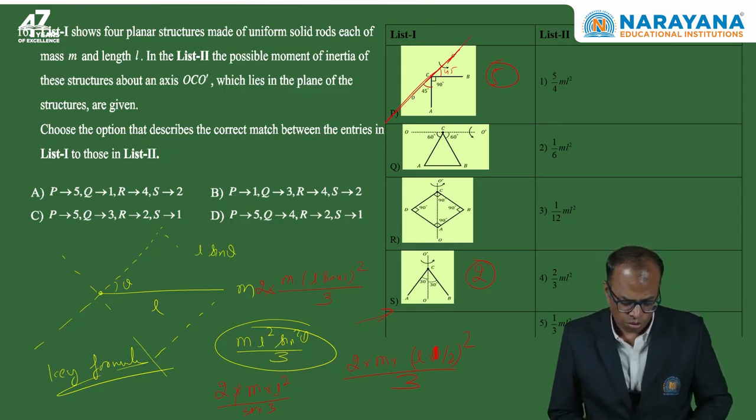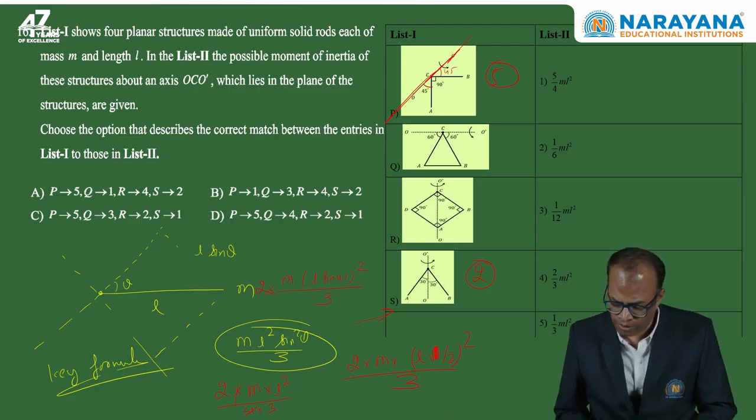So Q and R I need to check. R is also the same in both of them. So let's solve for Q now. Q will help me find the answer. If I talk about Q, it will be about this axis. For one of the bars, it is m into (L sin 60)² by 3, double of this for two bars. And for this bar, all the particles are at the same distance, which is L sin 60, L root 3 by 2.